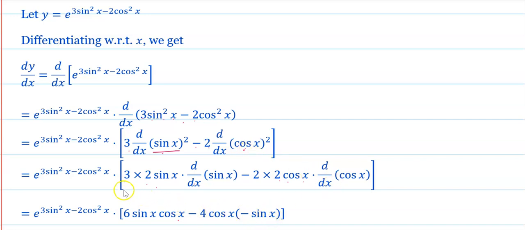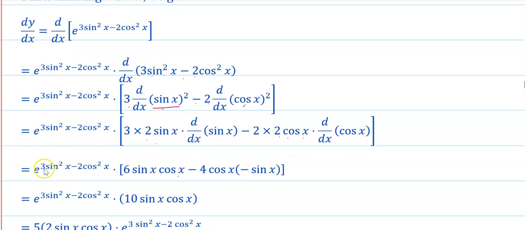And hence, the simplification, that is e raised to 3 sin square x minus 2 cos square x into 3 into 2, you will get 6 sin x into cos x. Again, next 2 into 2, you will get 4. Derivative of cos x is a minus sin, and this minus and minus that will become plus. Ha 6 sin x cos x hai, ha 4 sin x into cos x, and that will become 10 sin x into cos x.